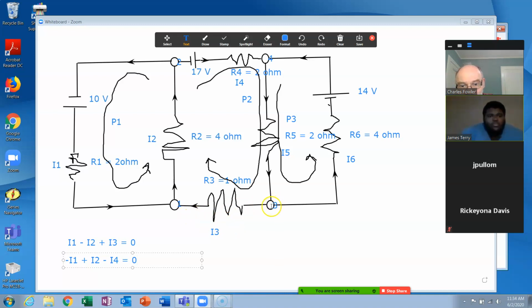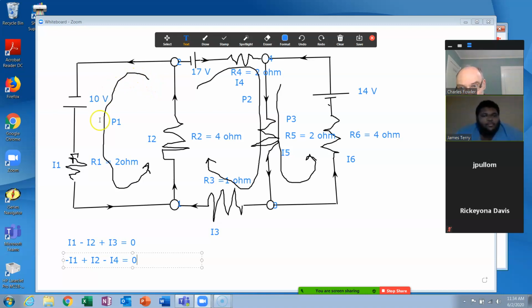Let's move to the third junction down here. Wouldn't I1 be going in, though? No, look at I1. I1 is going this direction. You see? It's leaving junction 2. Here's junction 2. I1 is leaving junction 2, I2 is coming into junction 2, and I4 is going out of junction 2. Do you see it?